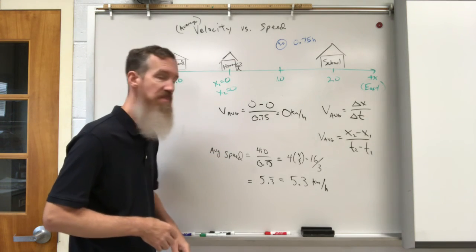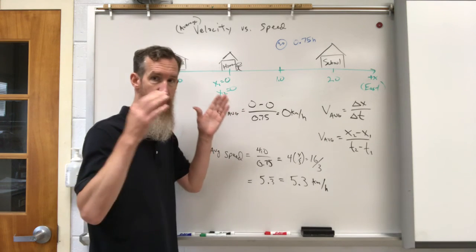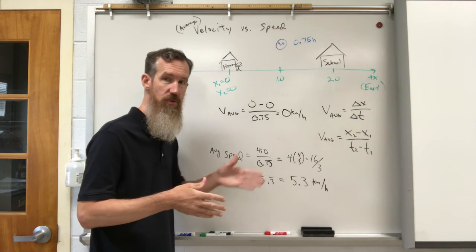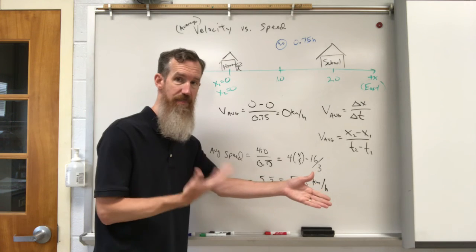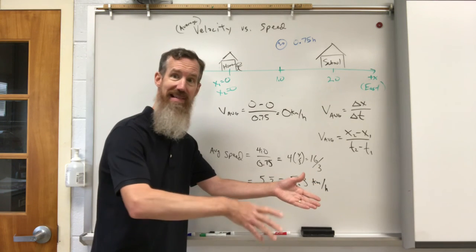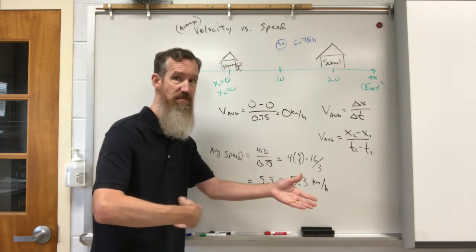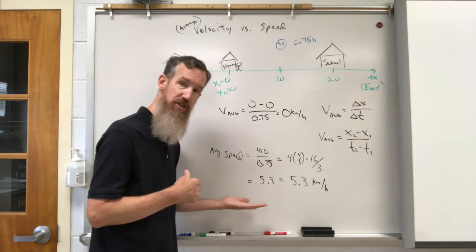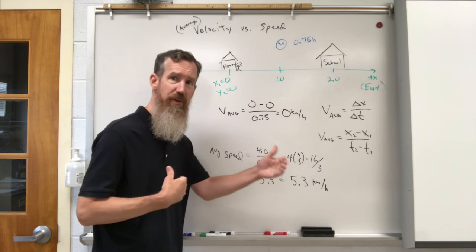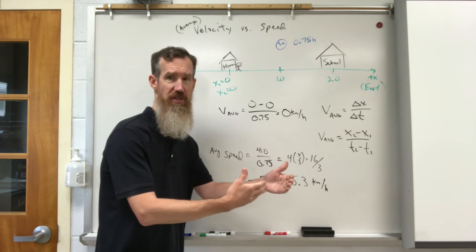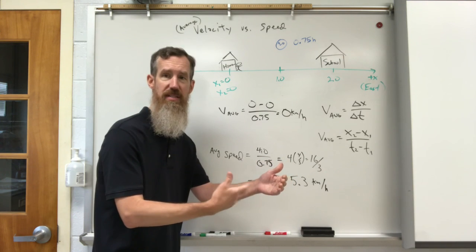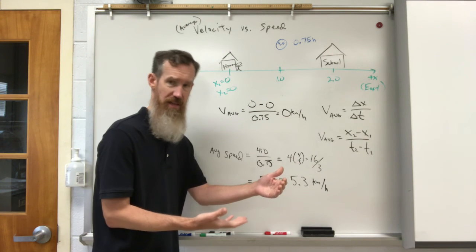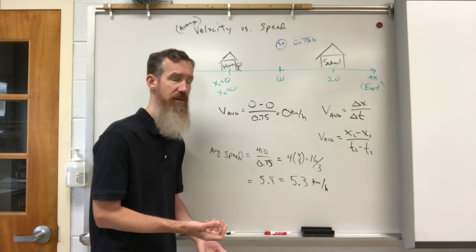Average velocity: where do I start? Where do I stop? How much time passed? And I don't care about all that happens in between. Average speed: I am going to care what happens in between in terms of the distance of the path traveled in that time. That's going to be important.